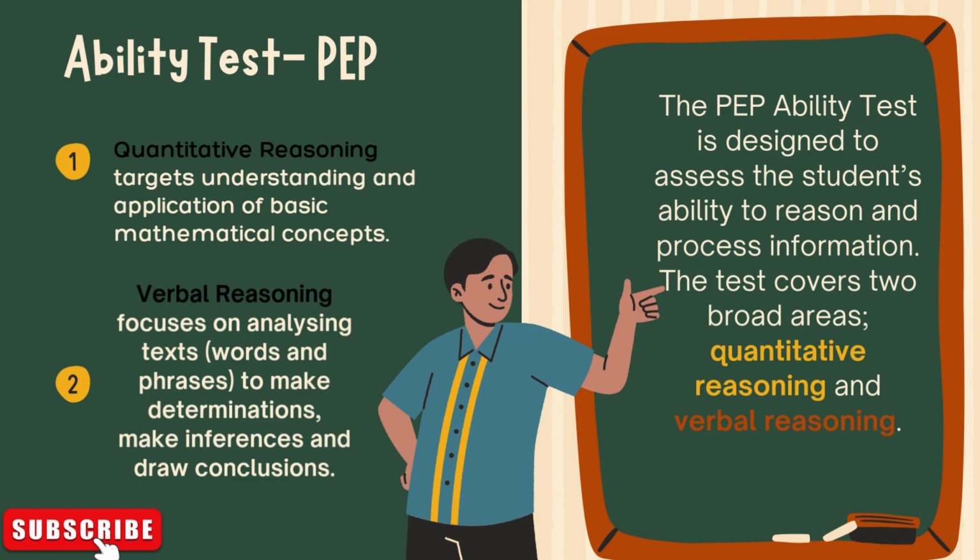So you have to be scoring in the 30s in order to have your first or second choice. And preferably if you're trying to get your first choice, then you will have to try to score in the late 30s, like 35 upwards. Okay?